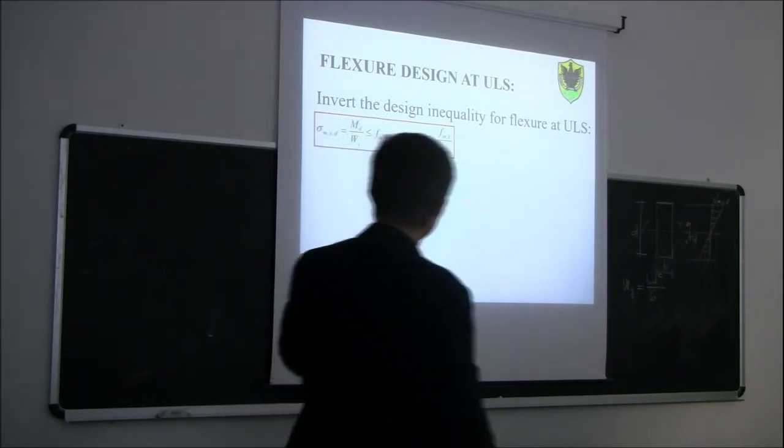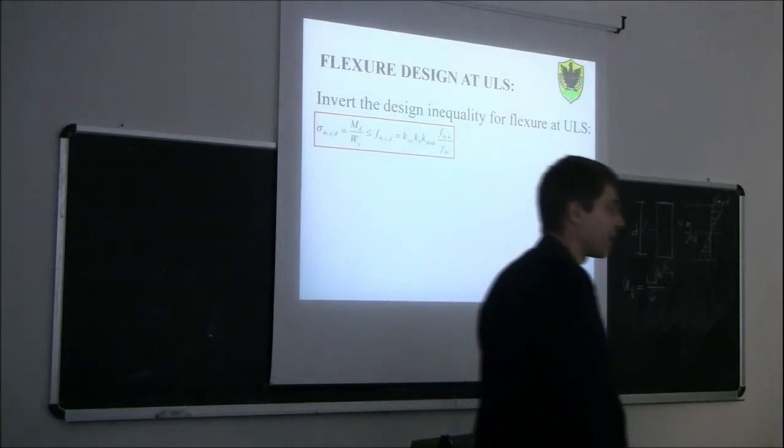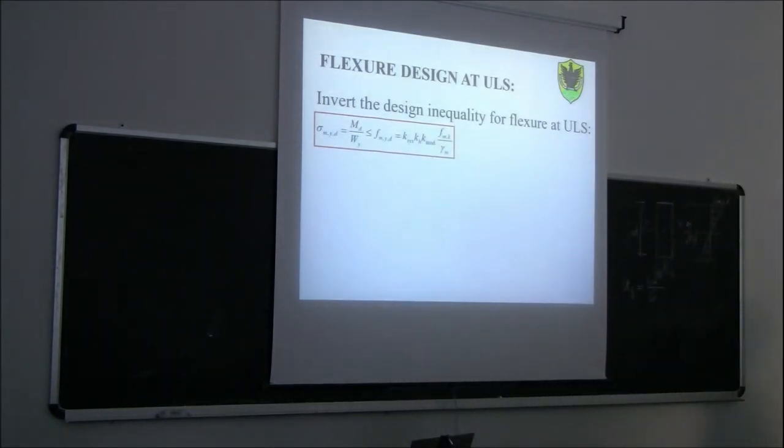Good, so in the end, how many unknowns do we have here in this design inequality altogether? Two unknowns. So two unknowns means that we have infinite solutions. So again, we need to make some assumption.